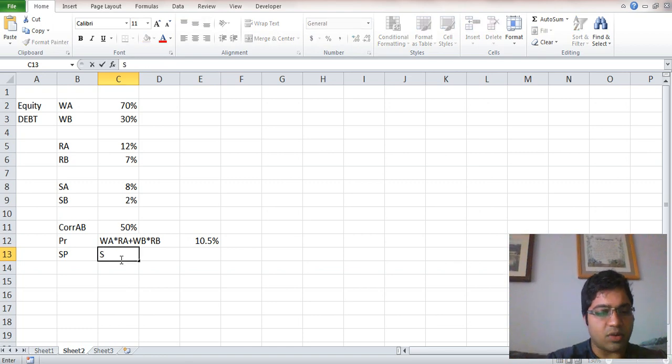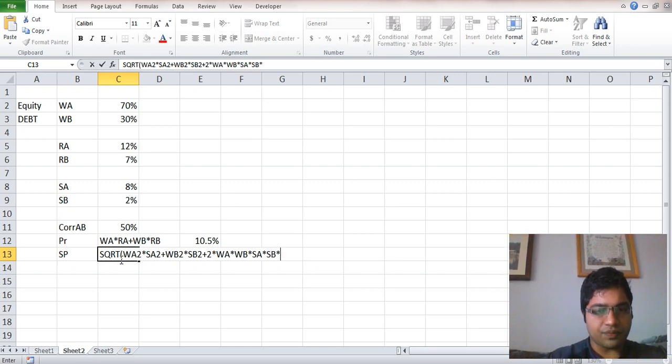Now portfolio risk is a little trickier. I'll first write down the formula and then I'll tell you how to solve it. So square root of weight of asset A whole square multiplied by standard deviation A whole square plus weight of asset B whole square multiplied by standard deviation B whole square plus 2 into weight of asset A, weight of asset B, standard deviation A, standard deviation B, then correlation AB.